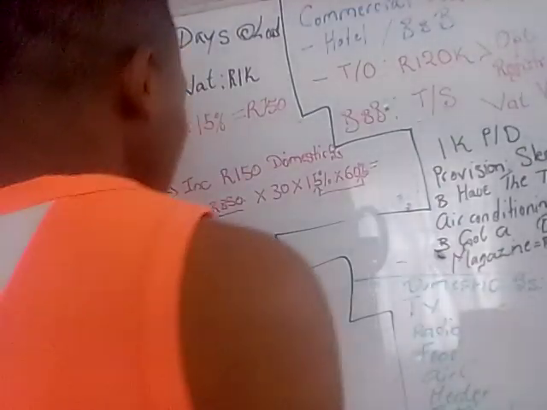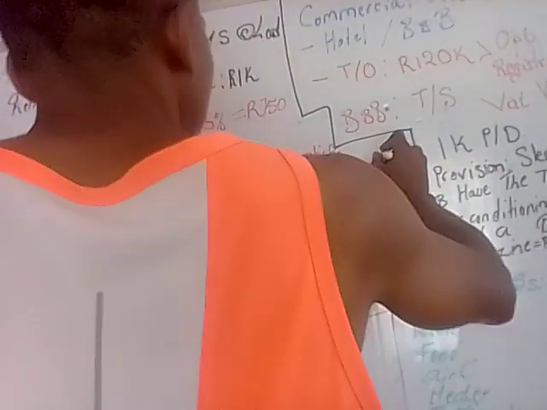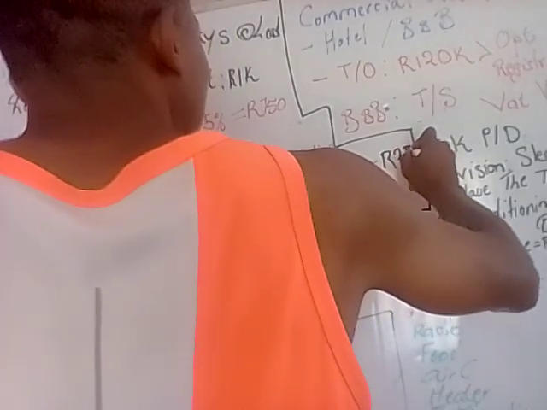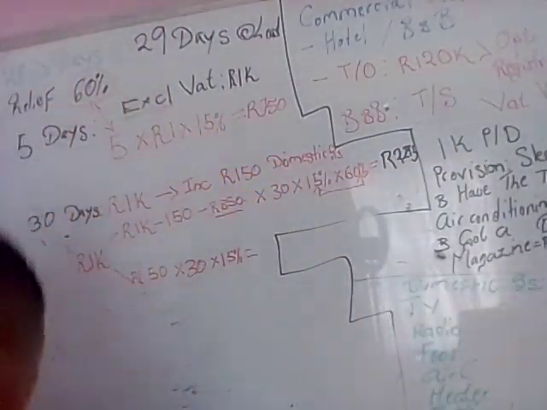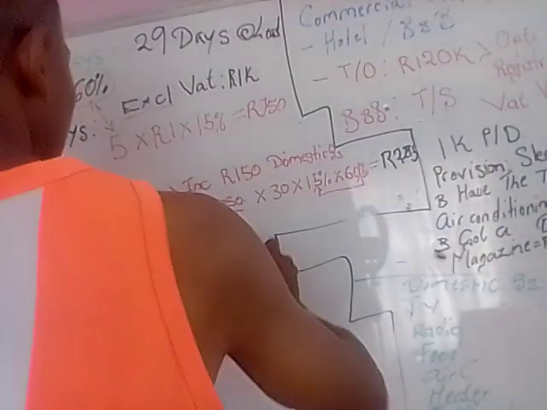So the output VAT would be recorded as 2,295. In this instance, with the 150, we have 150 times 30 times 15%, which equals 675.